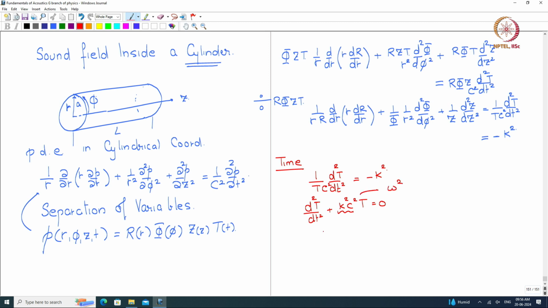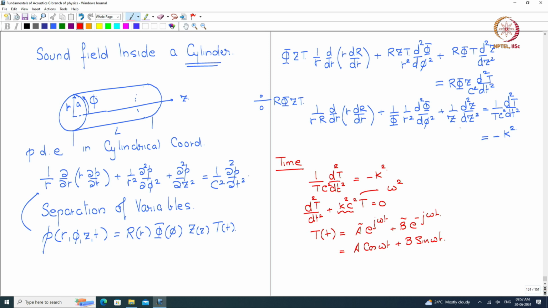My solutions T of t, I can take them as some A tilde e to the power j omega t plus B tilde e to the power of minus j omega t, or A cos omega t plus B sin omega t. So that's the T solution.